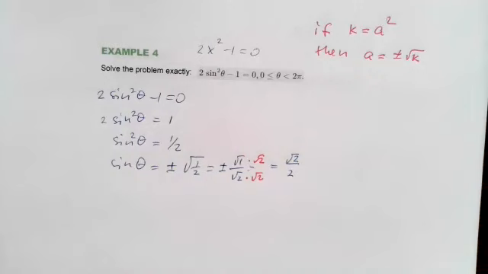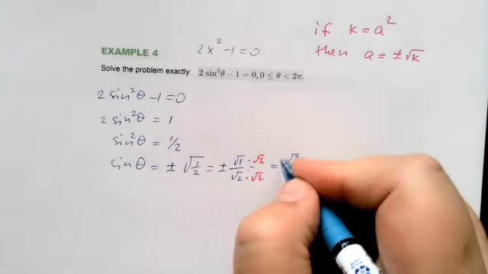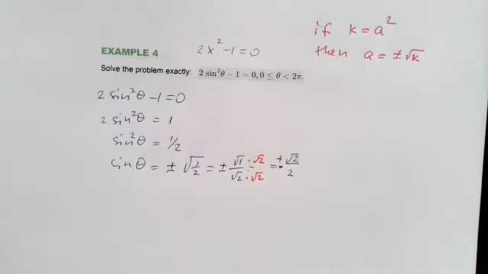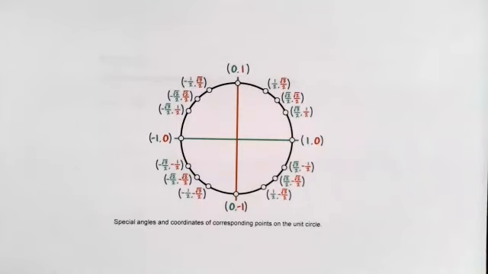And positive or negative root of 2 over 2. So if we look at our unit circle, where do we have a sine, or a y value, of square root of 2 over 2 or negative square root of 2 over 2?